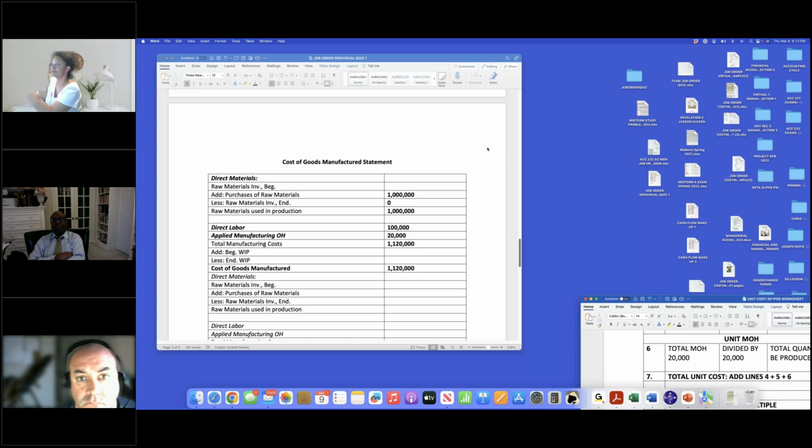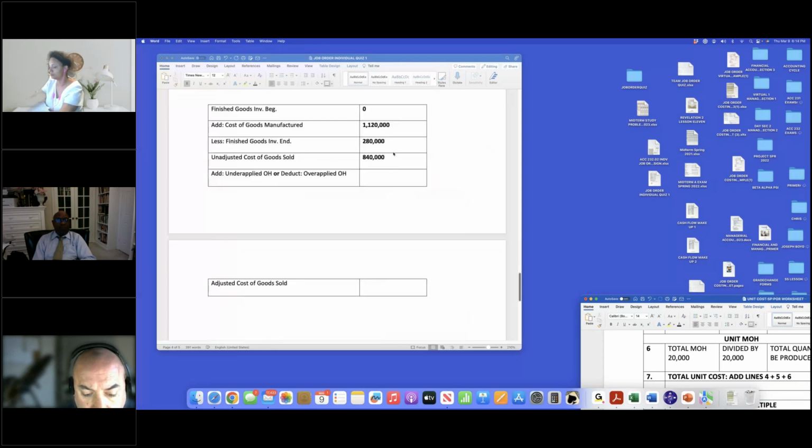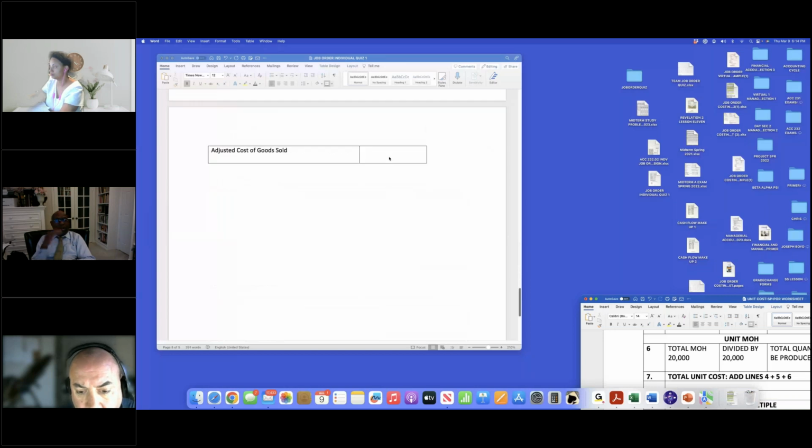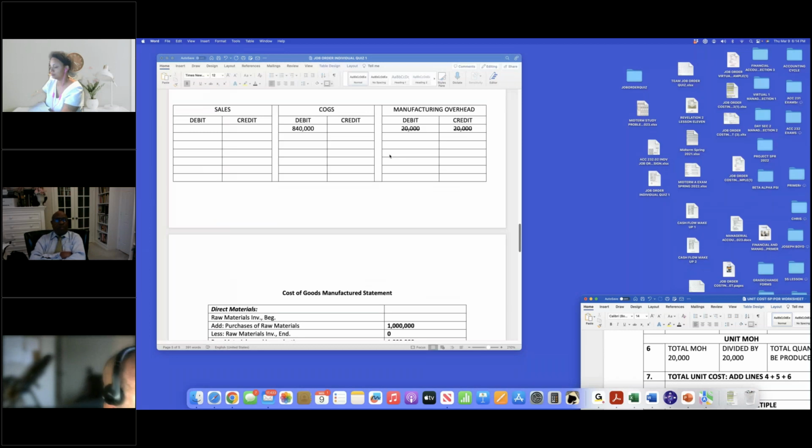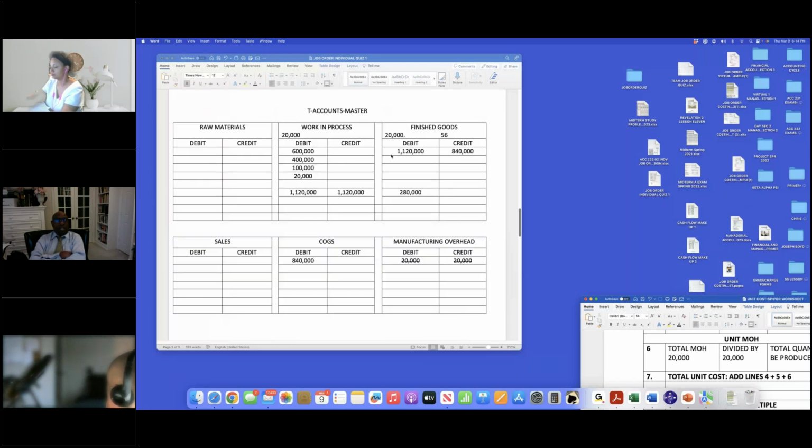Mr. Boyd, can you put up the T accounts? There they are. And you can put the raw materials in if you desire. But the key ones are work in process, finished goods, COGS, and manufacturing overhead.